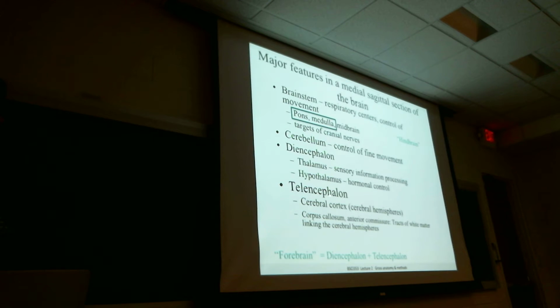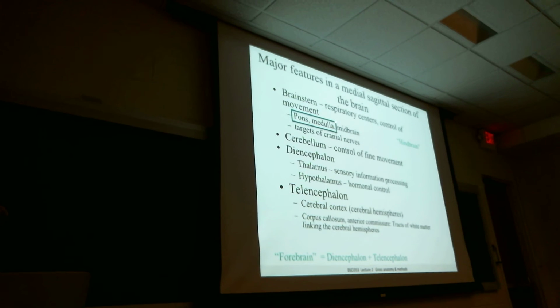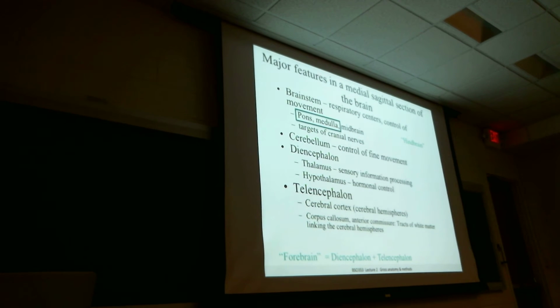The telencephalon is composed of cerebral cortex, the cerebral hemispheres, corpus callosum, and various tracts of white matter. So forebrain is generally the diencephalon and telencephalon together. What we term the hindbrain is the pons and medulla, and then you have the midbrain.